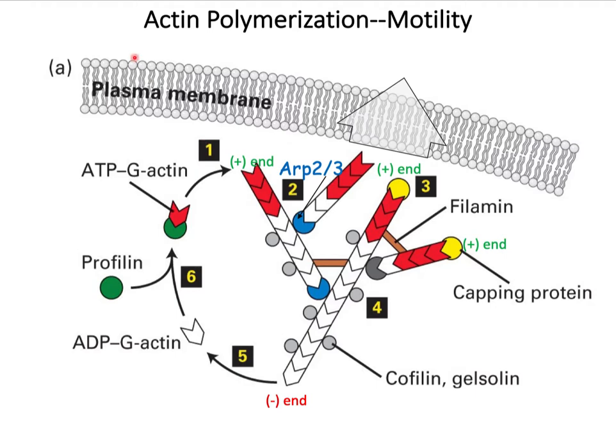What will happen is the cell can recruit capping proteins to stop the polymerization of these filaments. So now you have a shear force going in the northwest direction, and the cell will change its direction. The plasma membrane, instead of getting pushed this way, will now be pushed this way. And it may do this in response to a particular chemoattractant, for example.